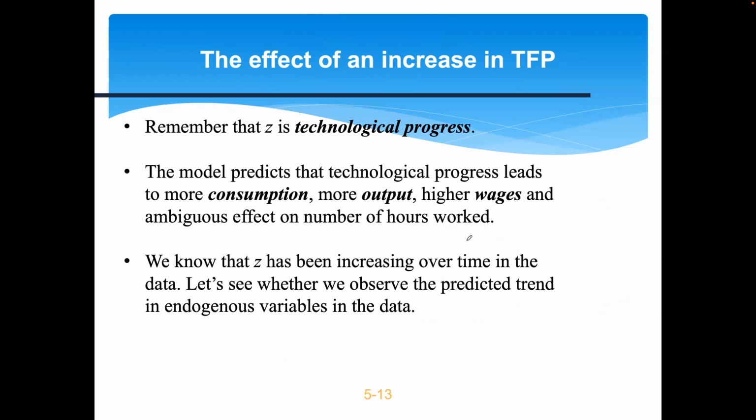Overall, this model predicts that technological progress will lead to consumption increase, output increase, wage increase, and an ambiguous effect, or no clear call, in terms of how technology changes our work.